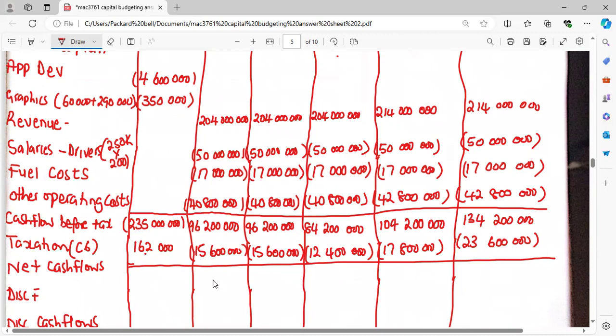On the first one, we're going to have 234,838,000. Then the second one, how much are we going to have there? Are we together, you guys? 80,600,000.